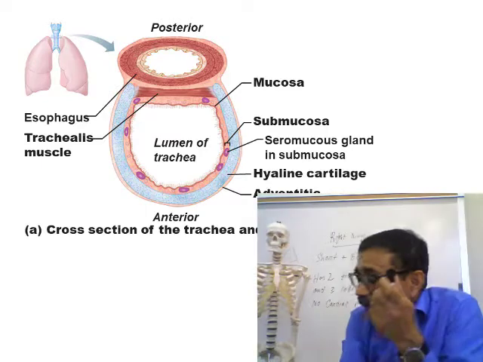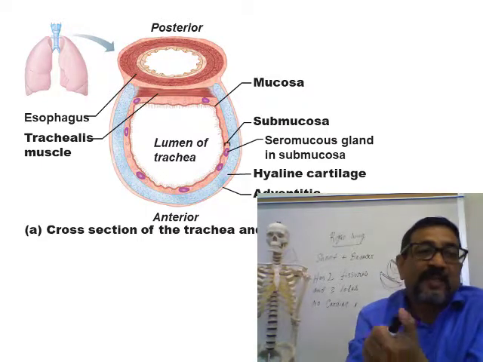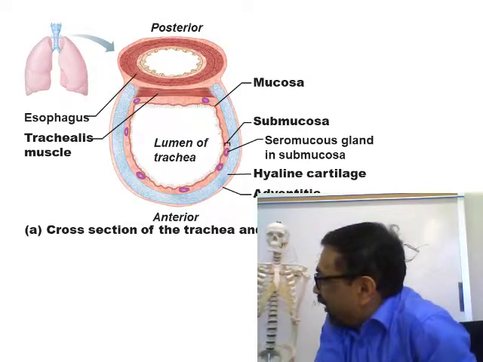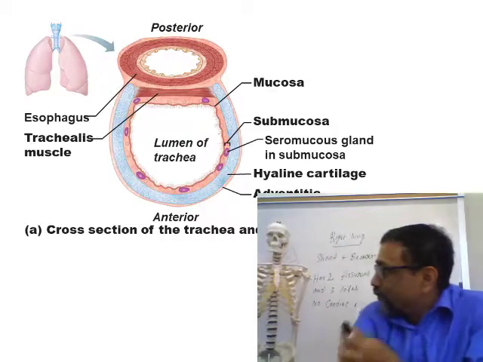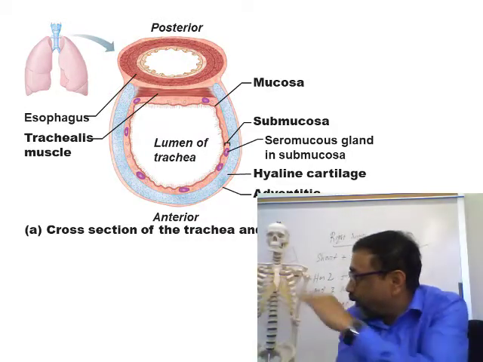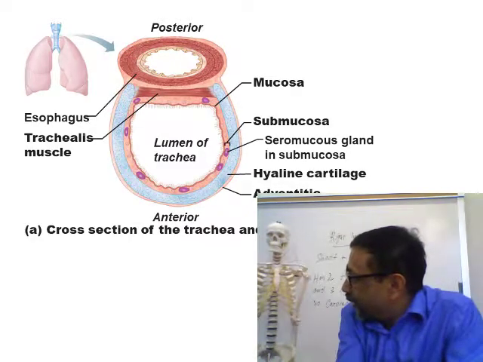And you have secretory cells. I'm sorry, in the mucosa you have only one type, goblet cells. These cells secrete mucus.